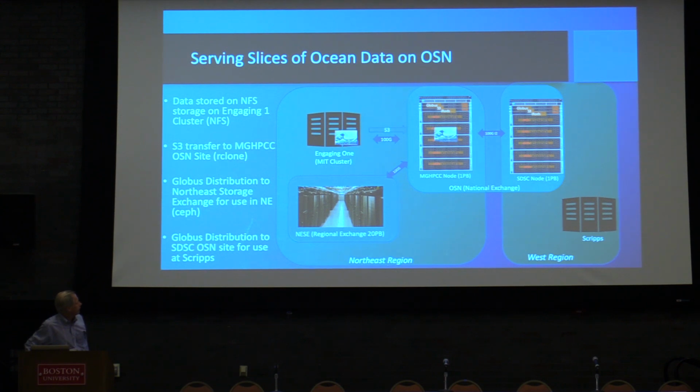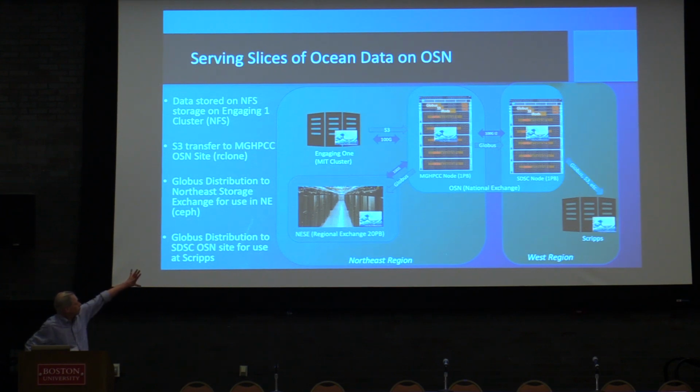So S3 from Engaging One to the MGHPCC node. We can drop it down using Globus to the Northeast Storage Exchange, but we can then also transfer it quickly and efficiently across the country, again at many gigabits per second, headed down to Scripps.